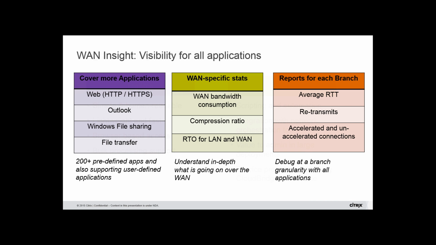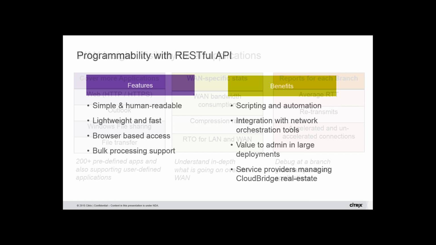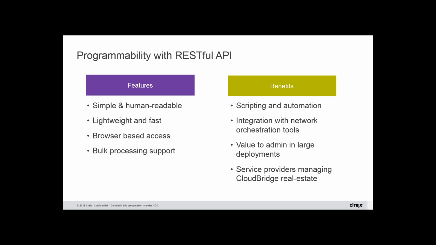Moving forward, the second big theme for this release is programmability, and to address this, we are releasing a completely new set of RESTful APIs. These are going to be very simple, human readable, lightweight, and fast APIs.